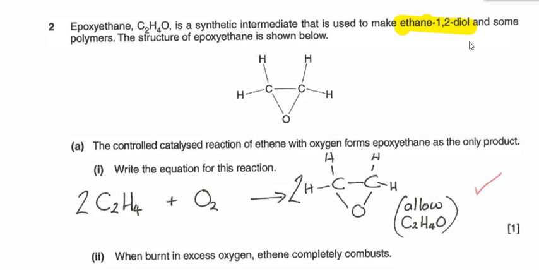So the first question is to write an equation for the formation of epoxy ethane from ethene. Here we've got, and this is fortunately pre-filled in so you don't get my bad handwriting, C2H4, which is your ethene, plus oxygen gives 2 of my epoxy ethane.